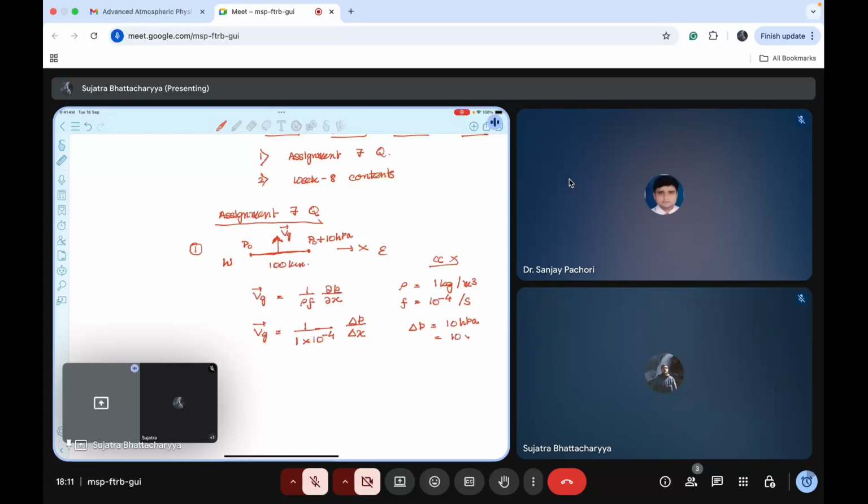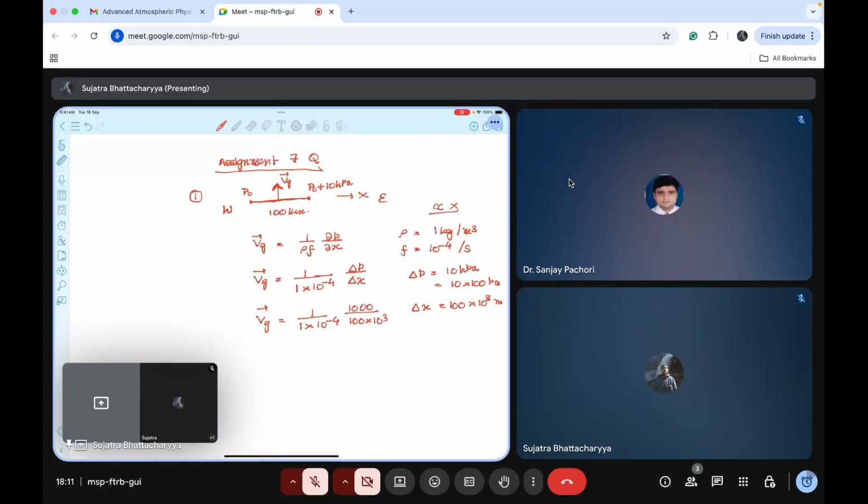So 10 into 100, that will be in pascals. And delta x is 100 kilometers, which is 100 into 10 cube meters. Okay. So Vg will be equal to 1 upon 1 into 10 to the power minus 4, times delta p by delta x, which is this divided by 100 into 10 cube. Perfect. So this is what you are getting.